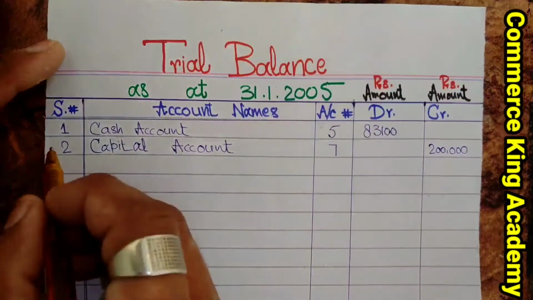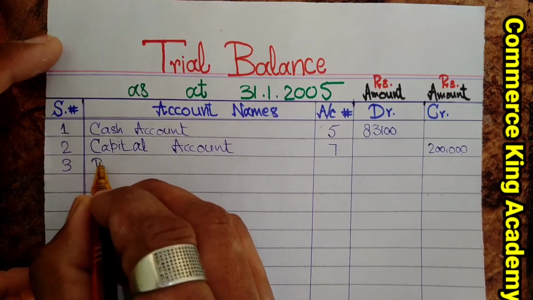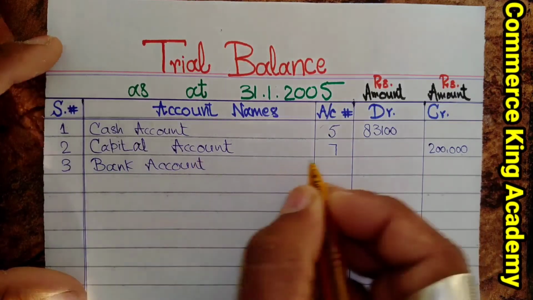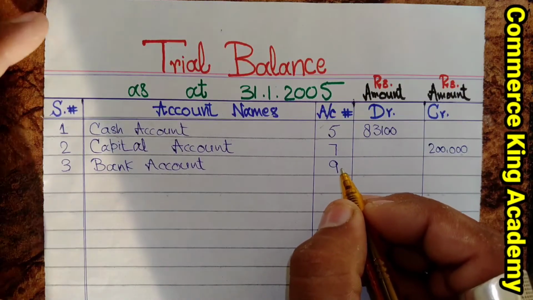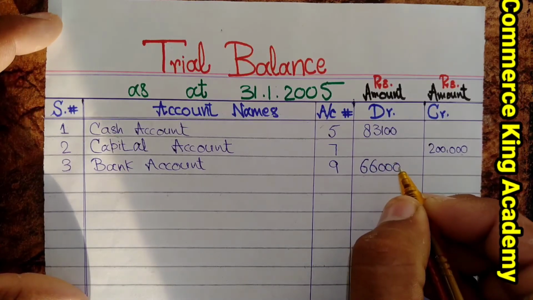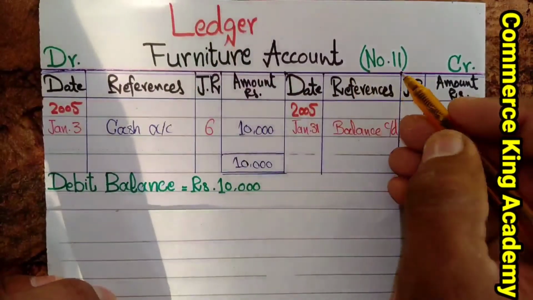Okay, serial number 3, account name bank account. Account number 9, debit balance amounting to 66,000 rupees, right?